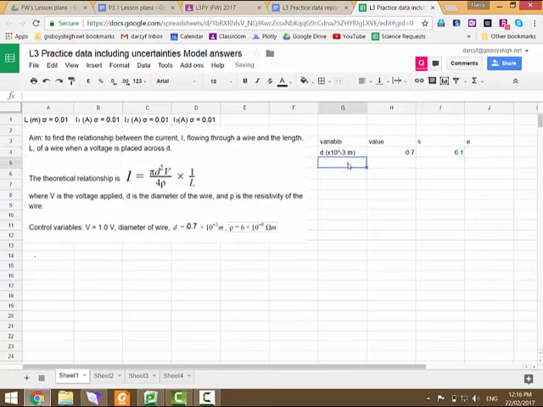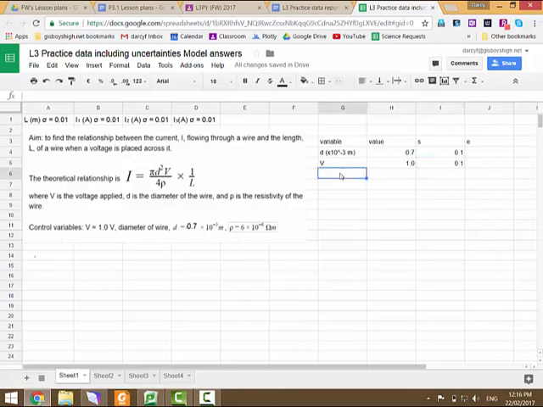My next value is the voltage, in volts, and that's 1.0. You've got to have the right decimal places in this, so there you go, 1.0. I'm going to say that's plus or minus 0.1 as well.